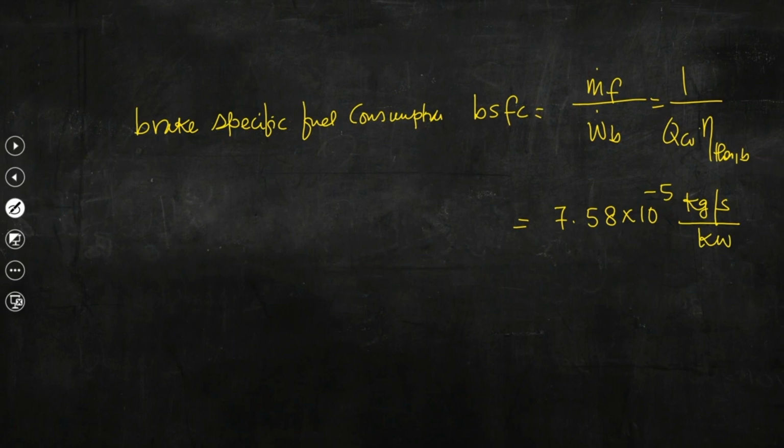You can see the unit, because mass flow rate of fuel, that is kg per second, divided by break work, that is kilowatt.